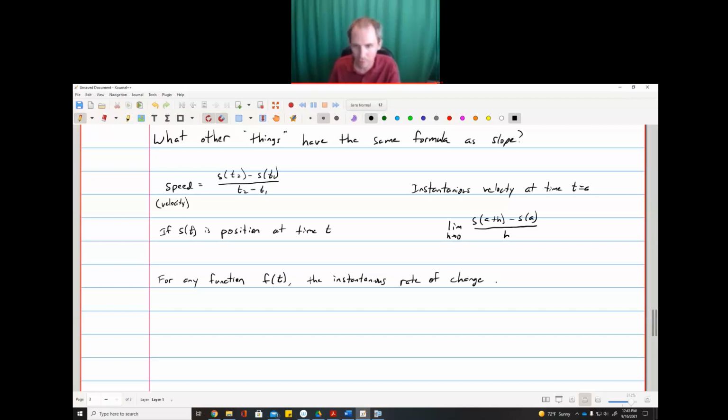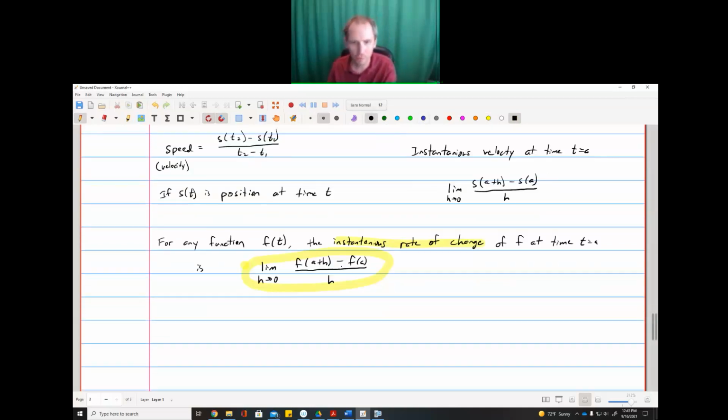So the instantaneous rate of change of f at time t equals a is the limit as h goes to 0 of f of a plus h minus f of a all over h. Okay, so this is instantaneous rate of change, and here's our formula.